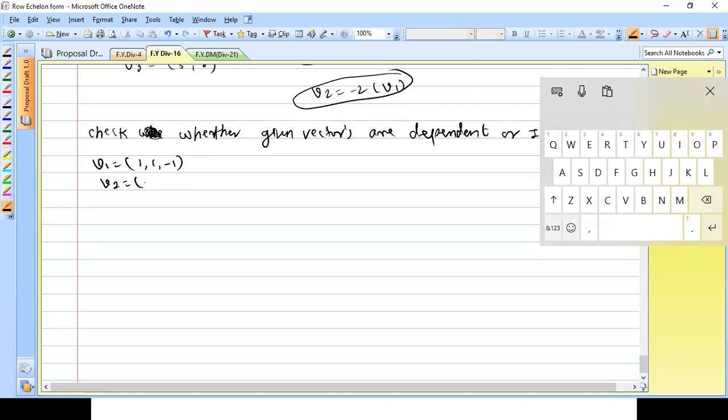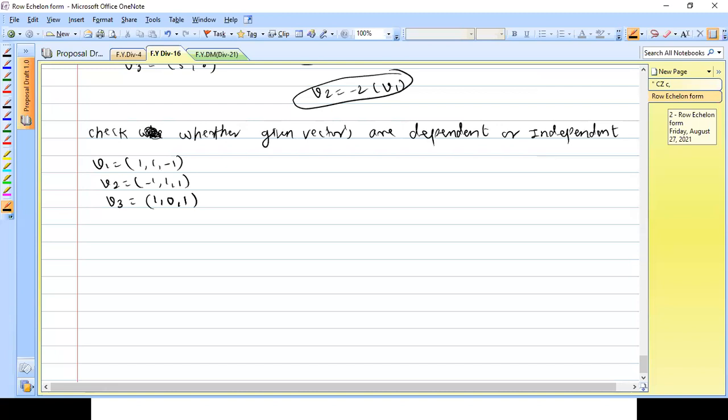V2 they have given is minus 1, 1, 1. And V3 they have given is 1, 0, 1. Now you need to check whether these vectors are linearly dependent or independent.